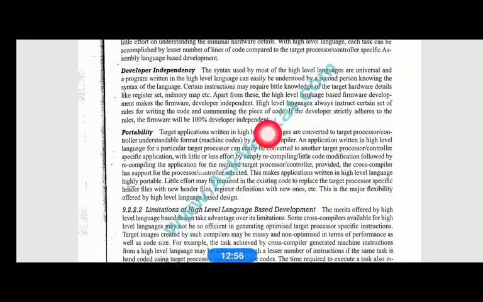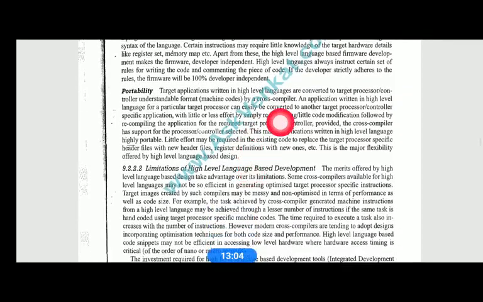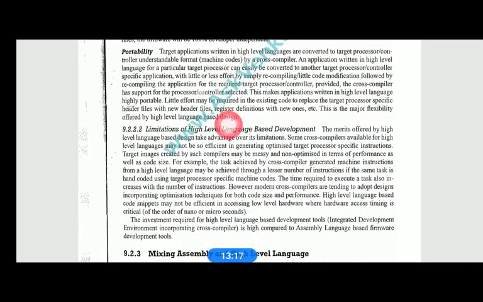Only a certain set of rules needs to be changed, and the adjustment of the ports and registers you utilize there. It is portable. The target application written in high level is converted into a form understandable by the target processor or controller by the cross compiler. Okay, same thing.